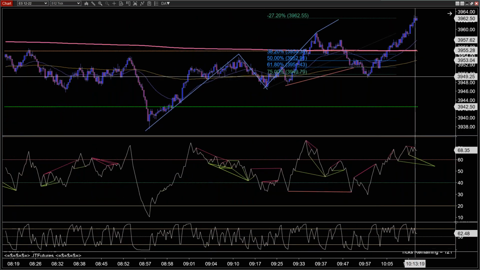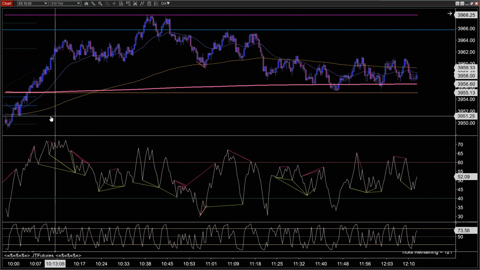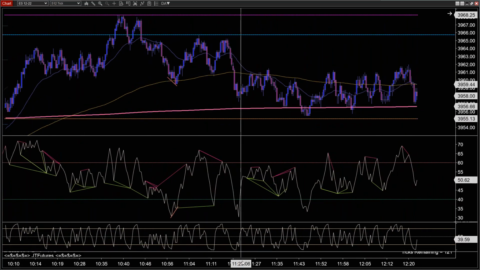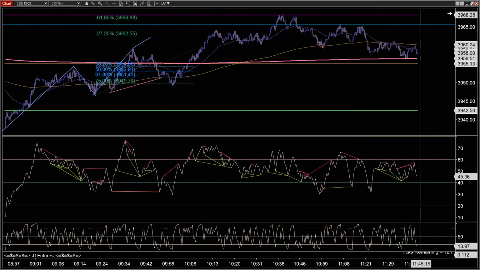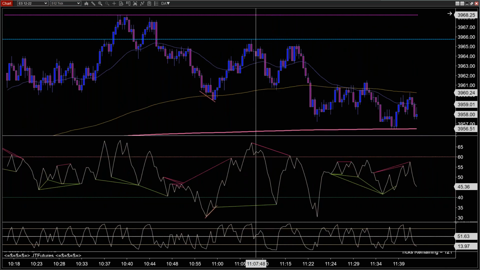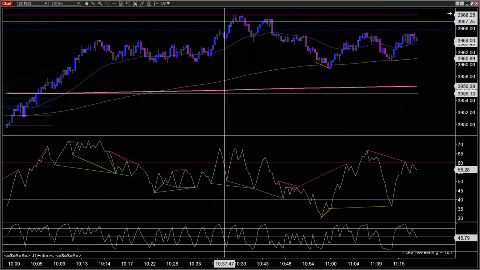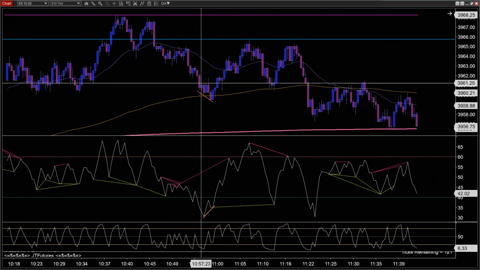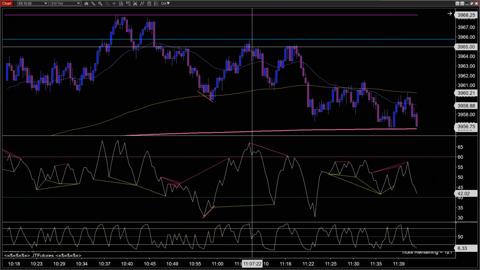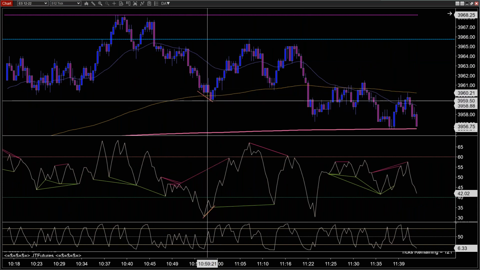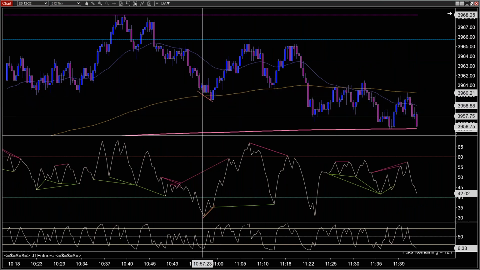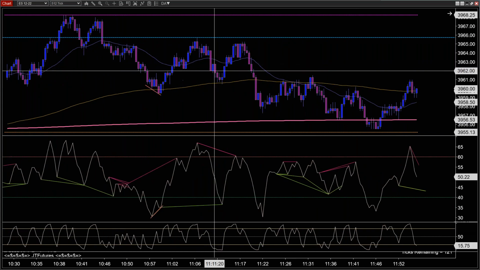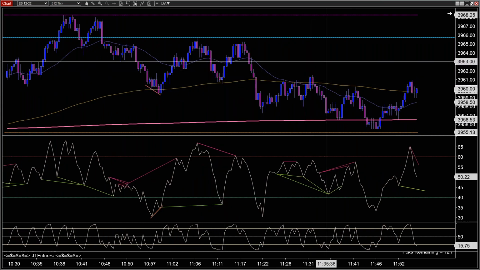So let me bring this back here. So my argument is that if you're testing into one of the various levels I just mentioned, it shouldn't break by more than a few ticks and should turn if that's going to be the type of trade I want to take, okay? And you're going to see time and time again, it's holding all these levels.